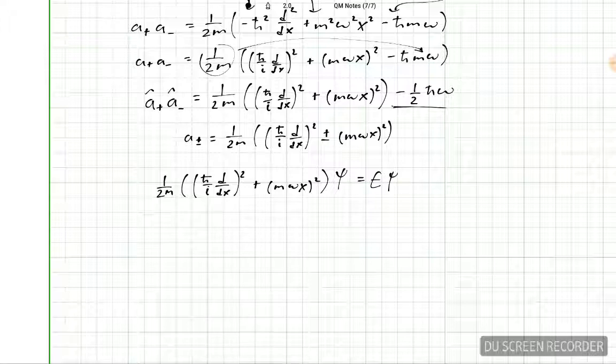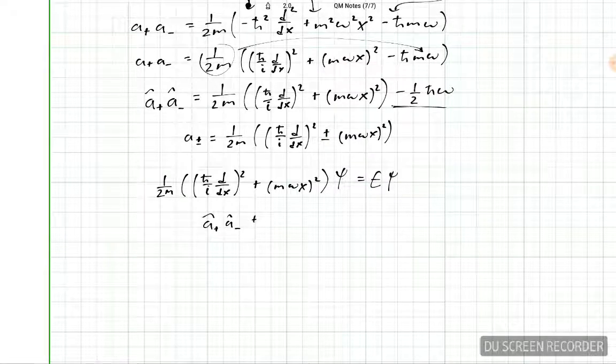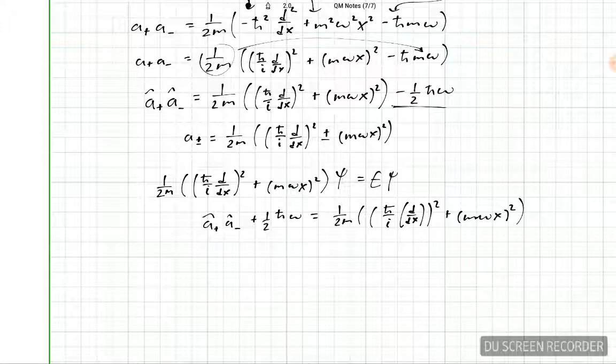But I could go ahead and say that my A plus operator times my A minus operator plus 1/2 h bar omega equals this whole guy. So I can just go ahead and replace that into the Schrodinger equation instead.